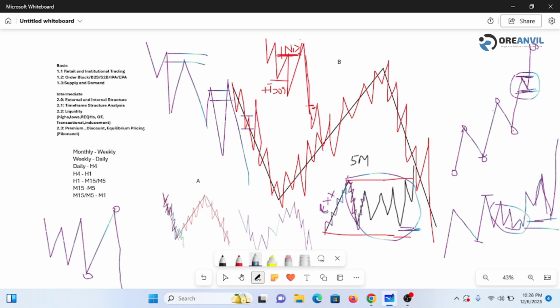So what you need to understand is it is still 5 minute structure. The one sitting inside this external is referred to as 5 minute. So this one inside this external is what we refer to as 5 minute substructure.